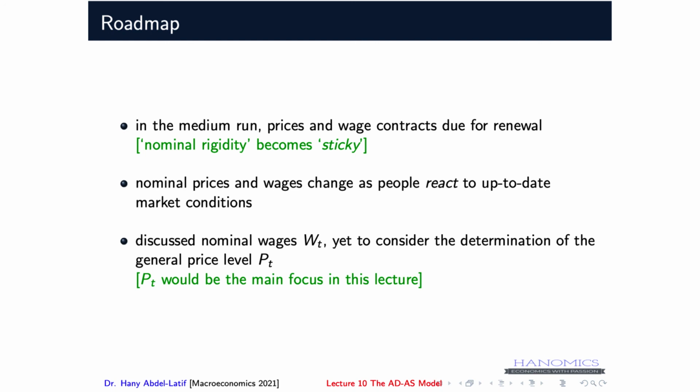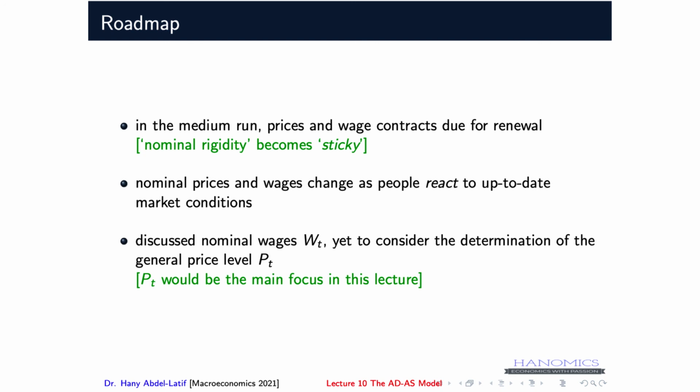What we considered rigid or fixed in the short run, we now have the chance to think about how this might change. It becomes not perfectly flexible as it would be in the long run, as you will see today, but sticky, so it can be slow, but still it can change.